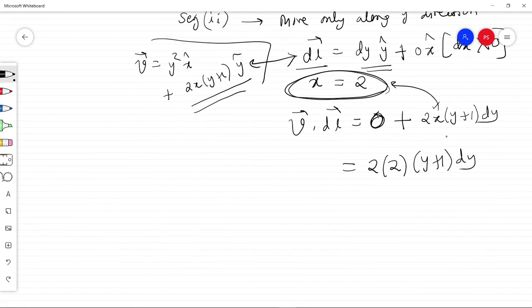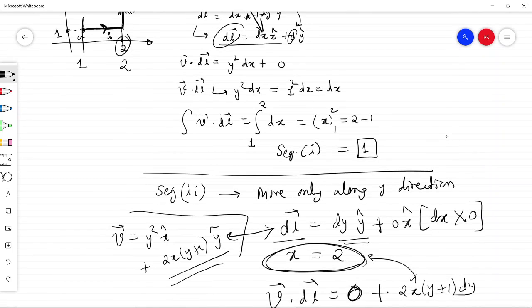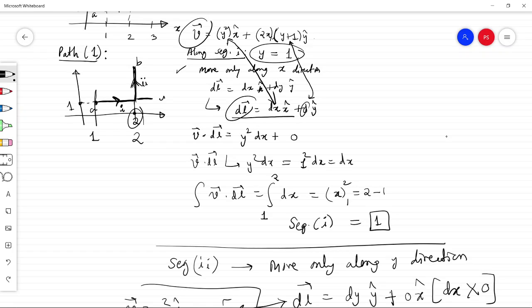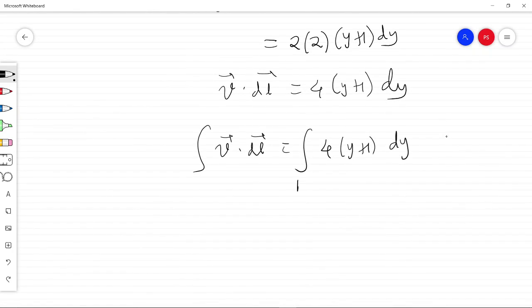Hence, this v bar dot dl bar is 4 times y plus 1 dy. So if we now integrate this, we get integral 4 times y plus 1 dy. If we check the limits of y, we see that y runs from 1 to 2.